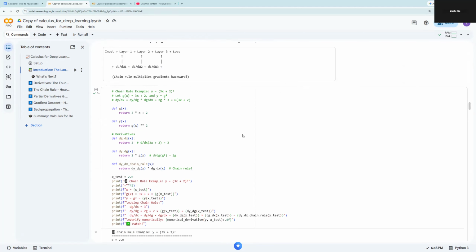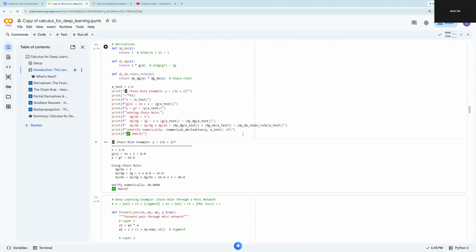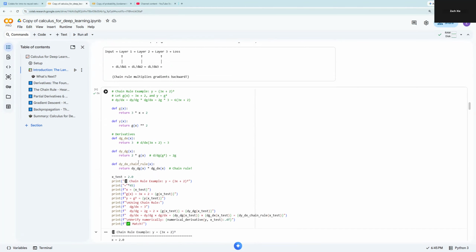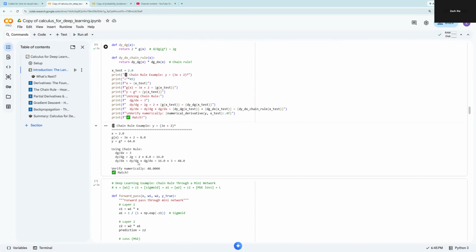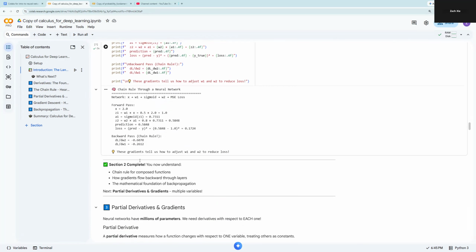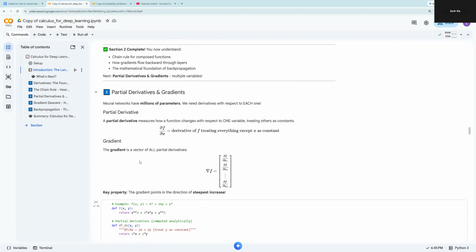That's the good news. So here we're just demonstrating how the chain rule works in 2D and with partial derivatives, right? In the next section, we'll talk about the partial derivatives and the gradients.